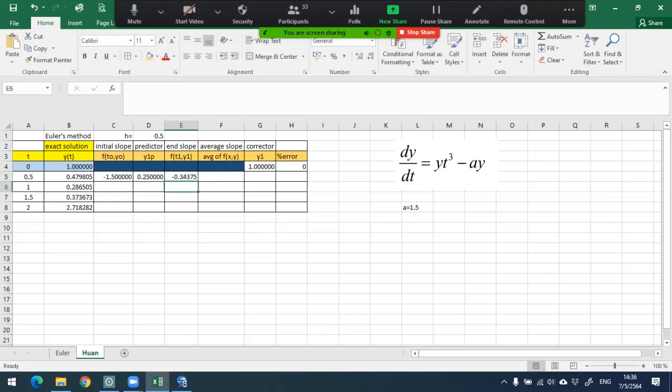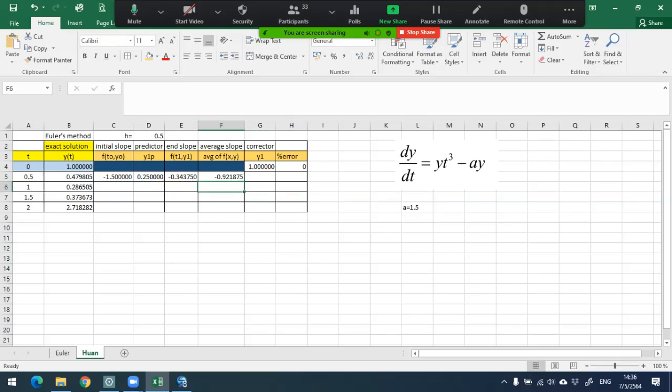We obtain the end slope. Okay, and the average one is the initial slope plus the end slope divided by 2, which is the average one.